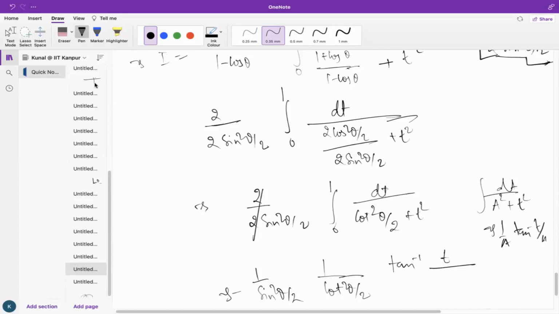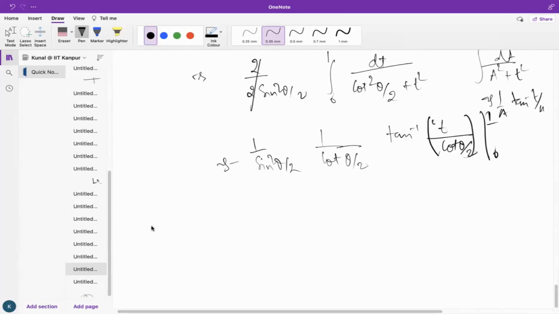So there will be only a theta term. Now tan inverse of t by cot theta by 2. I hope you all understand what I write here. And then you have to substitute the limit from 0 to 1.